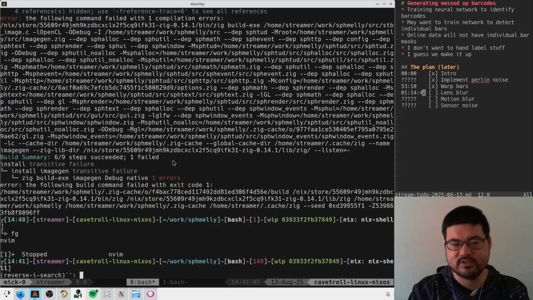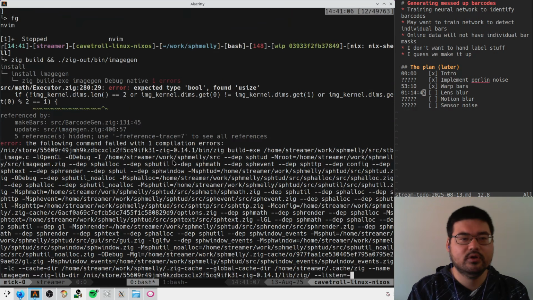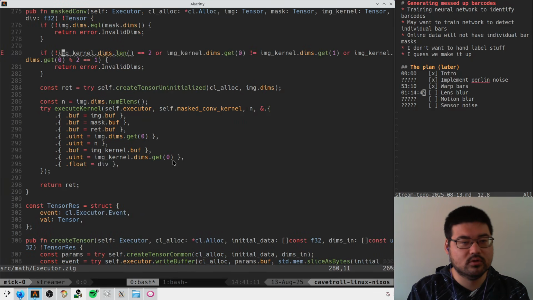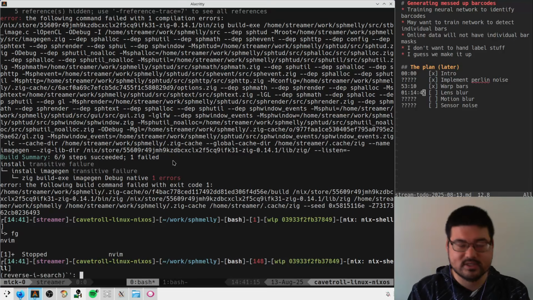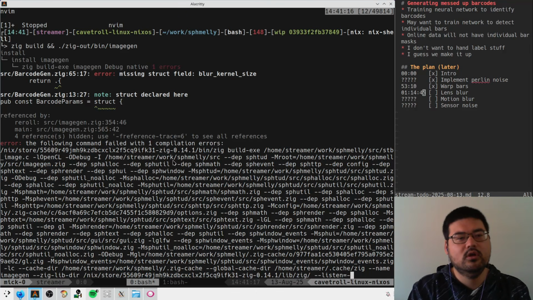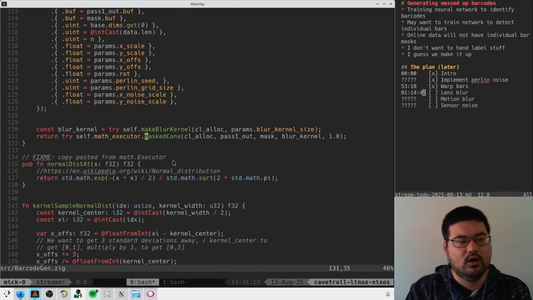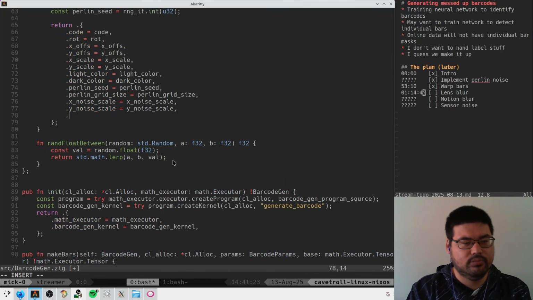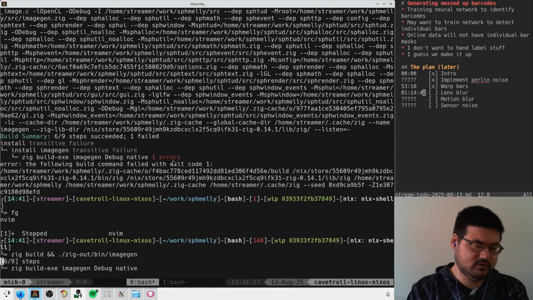The allocator that this thing's gonna go on. True. Oh, this should be like this, not equal to 2 like this. That's easier. Blur kernel size is 3, hard coded, I guess.